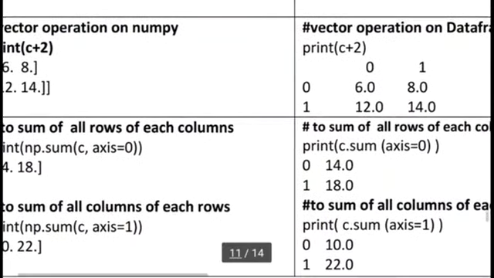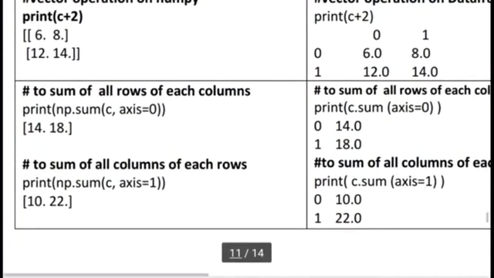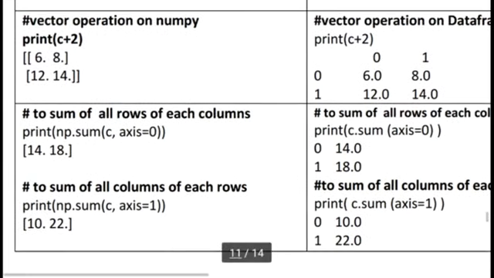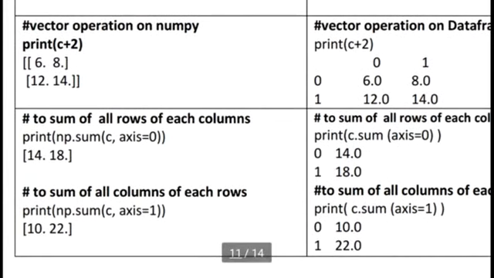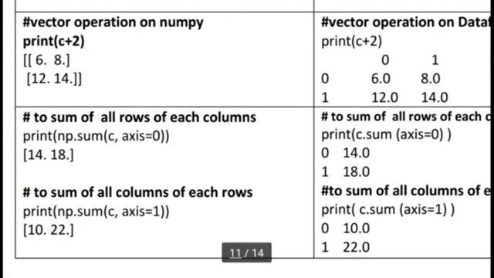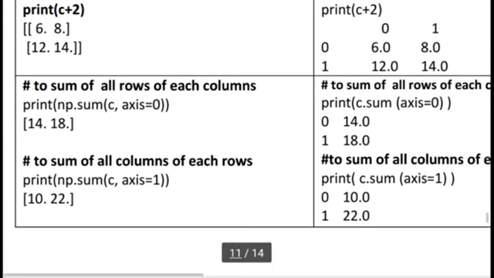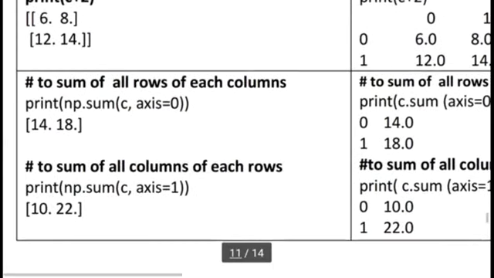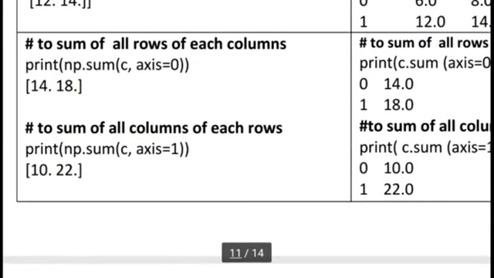Okay, but here is something new. Suppose I want to sum all the rows and all the columns of particular data values. Suppose I am using only one 2D array, C, and I want to sum all the columns. You can see 14 comma 18, and here I am summing all the rows, 10 and 22.